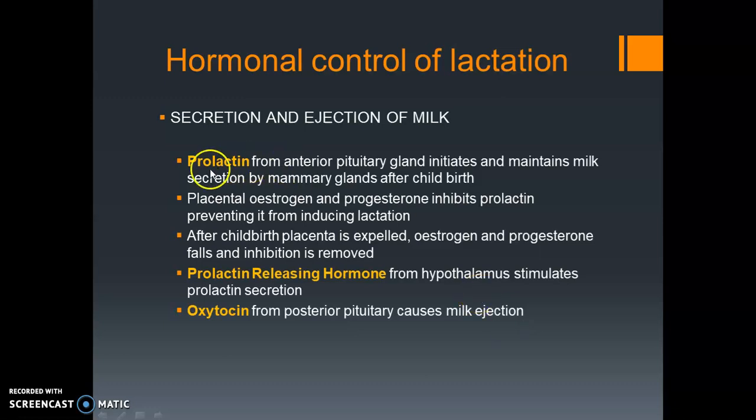So prolactin causes the synthesis and secretion of milk by the alveolar cells in the mammary glands, and the milk is stored inside the cavity inside the alveoli, and this milk is ejected, or let down, into the mouth of the child under the influence of the hormone oxytocin. So prolactin is the hormone which causes milk synthesis and secretion, and oxytocin is the hormone which causes milk ejection.